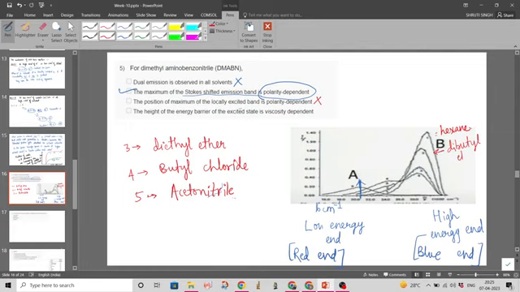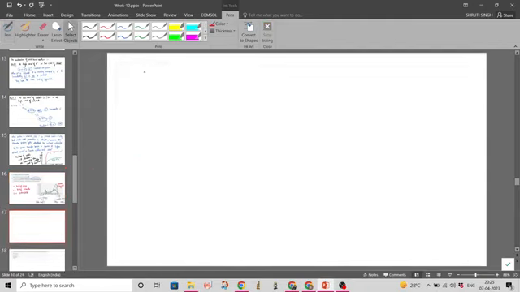So there was one more experiment done in this regard, the polarity and viscosity dependence, and it was plotted.